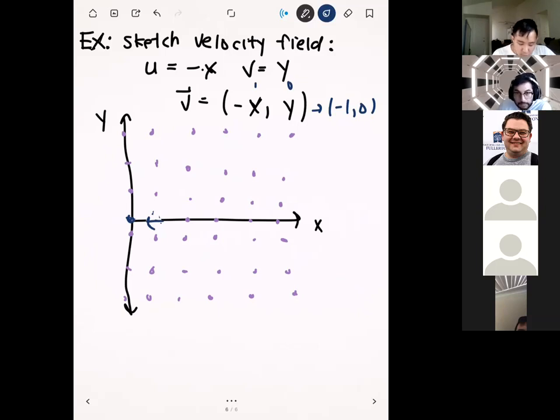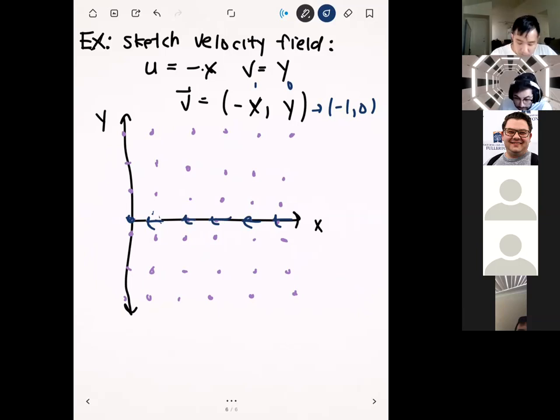If we continue that trend along, we get a bunch of vectors that point to the left. And of course, they should be growing in size because we have x right there. When we plug in 2, we get negative 2, 0. When we plug in 3, we get negative 3, 0. So all of these should be growing in size, but I only have so much iPad here.